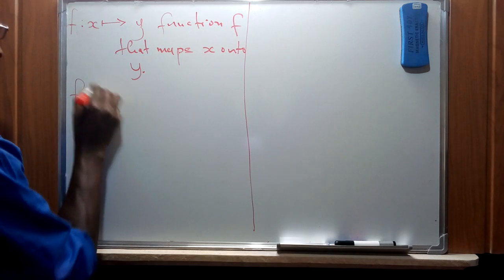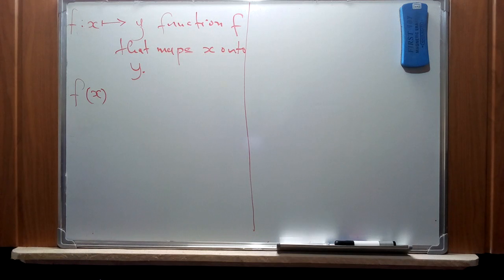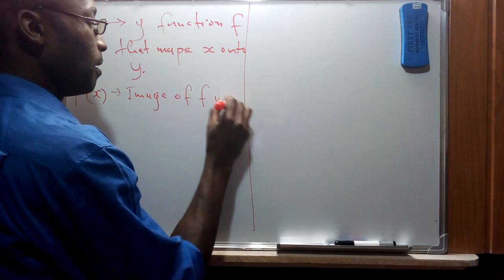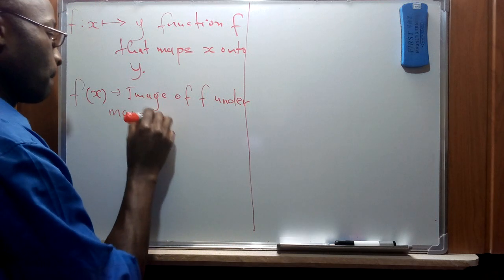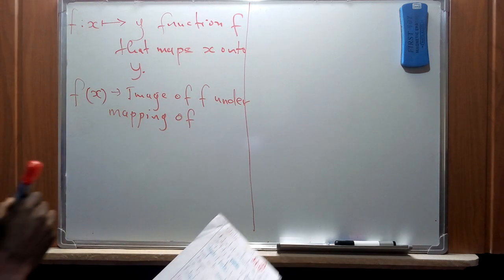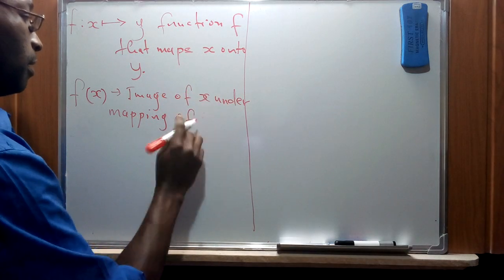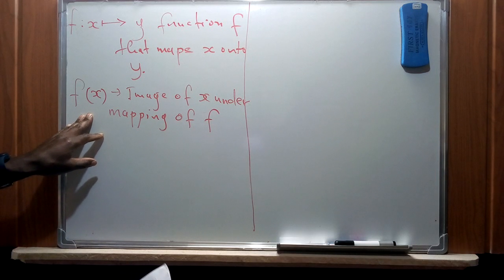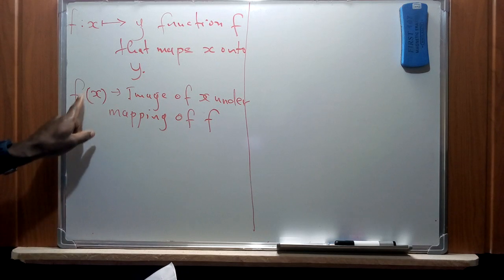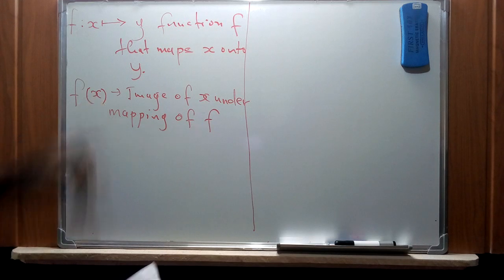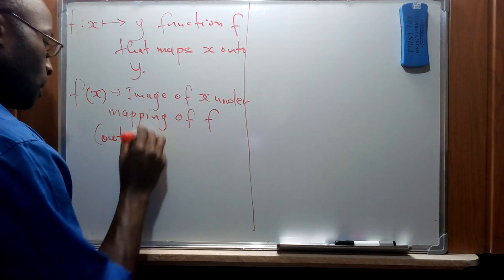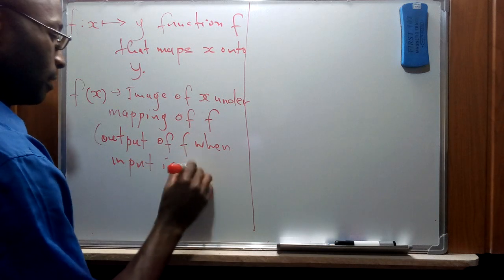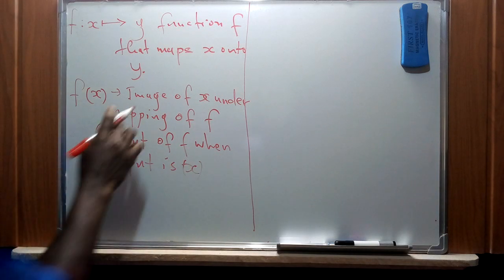Now the second symbol is F of X. This one refers to the image of X under the mapping of F. Of course, this is a symbol that we're going to refer to later as a function, but in simple terms it refers to the output of F when the input is X. We're going to see how these are given in a broader interpretation.